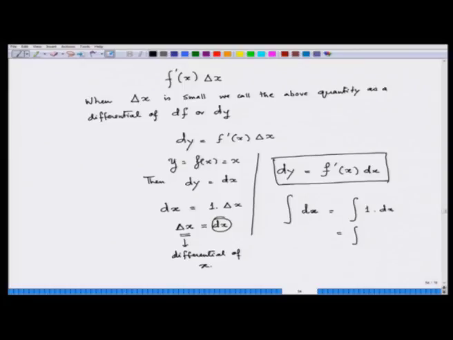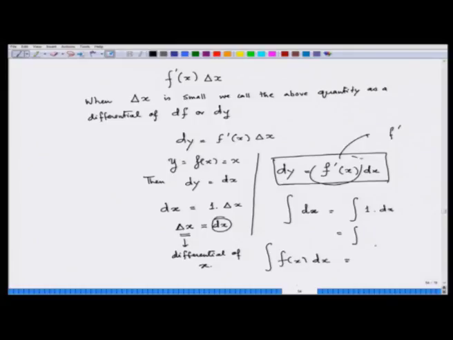So this function f dash x is the derivative of f of x here. When you take the derivative of f it becomes f dash x. Similarly here also, this is the function, whatever, if I write even the integral of f x dx.